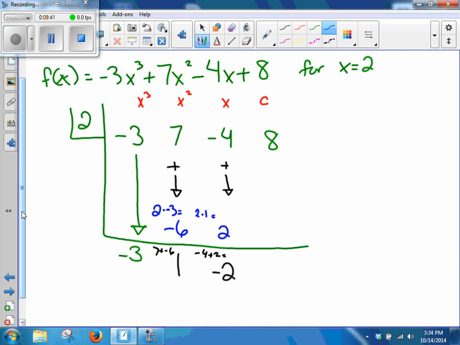This is just going to take time to get the hang of it. So as long as you understand where we're getting these numbers from, it will click, I promise. Okay, now you take 2 times negative 2 to get negative 4 in the very last column. So then I just one last time add straight down to get a total of 4.